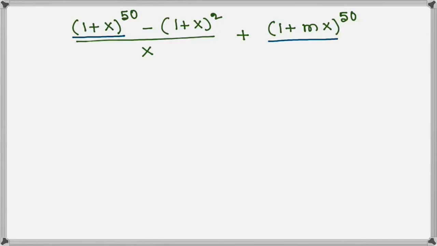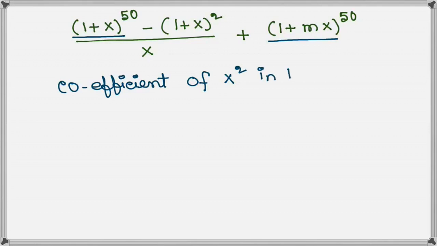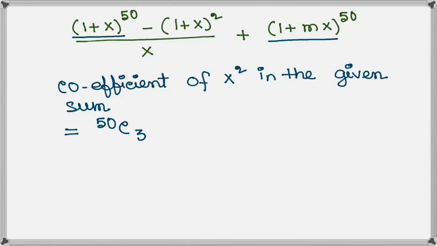So, we write the coefficient of x square in the given sum is equal to 50C3 plus m square into 50C2.